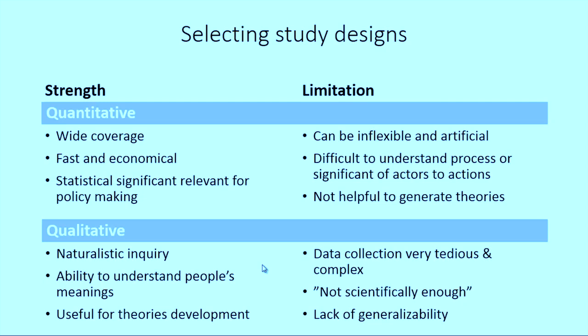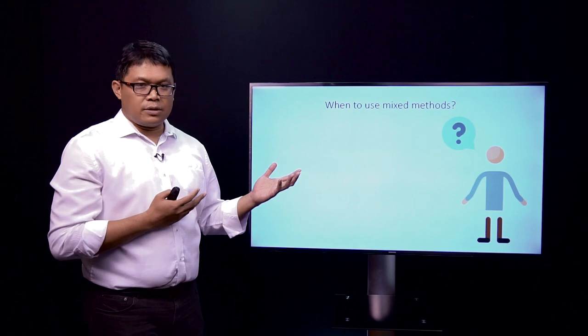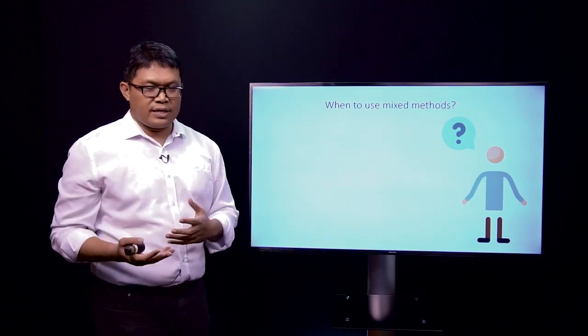The limitation of qualitative study involves very tedious data collection and complex processes, and some people think that the qualitative study is not scientific enough because it doesn't have the statistical significance, and thereby it lacks generalizability.